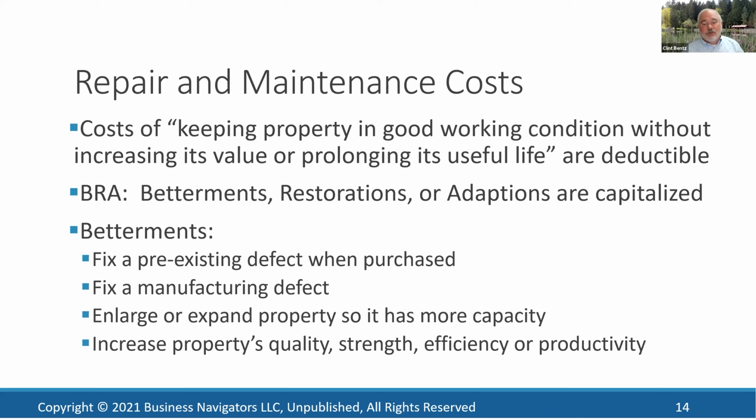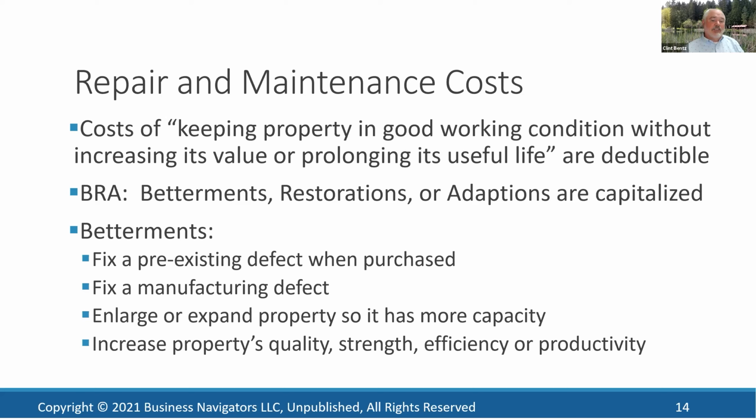Also, if you have a manufacturing defect, so the thing breaks, and maybe part of it's covered by warranty, part of it isn't, but it just breaks because of some defect in its manufacturing, that is also a betterment. If you enlarge or expand the property so it has more capacity, so you take a barn and add on a new section, that is a betterment.